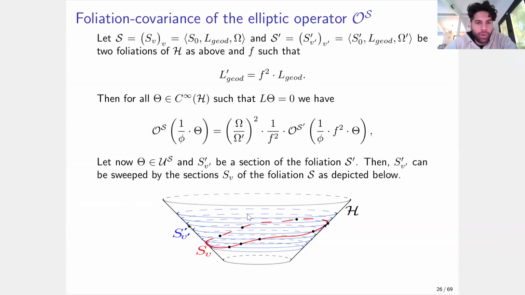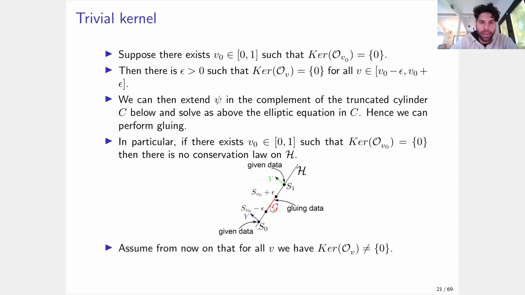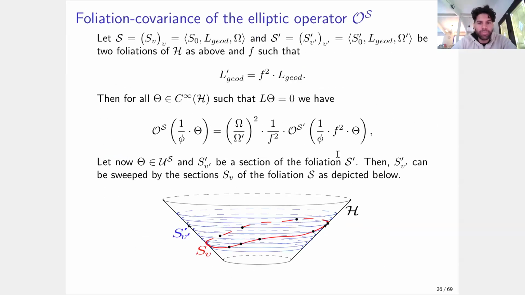If you start with the blue foliation and then you consider a new red foliation, then there is a very remarkable point-wise relation of the adjoint operators, not of the original operators, but of the adjoint operators, okay?